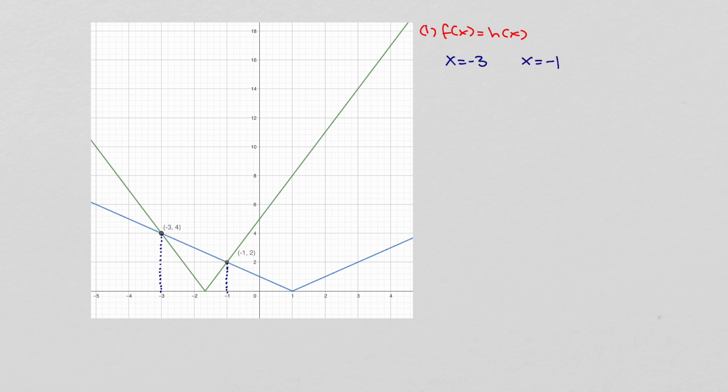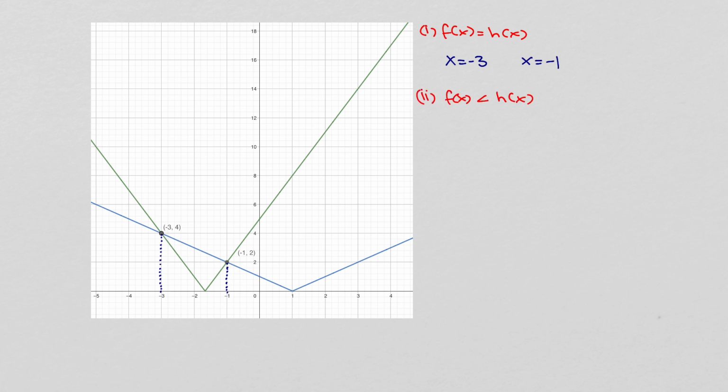So in other words, they are the two x values that make the graphs be equal. So f of x equals h of x when x equals -3 and when x equals -1. Now if we're asked for the points of intersection, we would have to give the y value as well, which is -3, 4 and -1, 2.